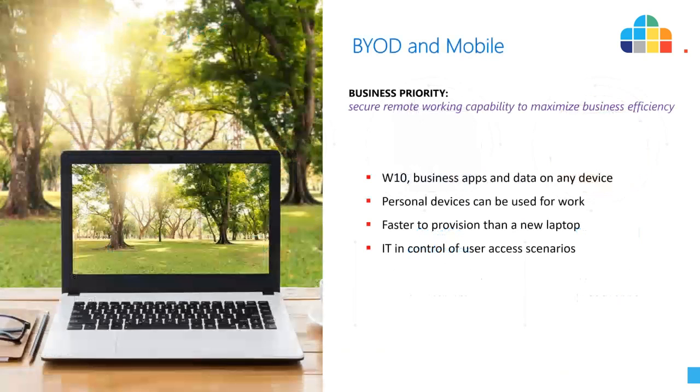So I'm going to go into a few of these use cases in a bit more detail. So one is bring your own device, BYOD, and mobile. Windows Virtual Desktop is a really good solution for BYOD, and it allows your employees to use untrusted personal devices to access your work environment.